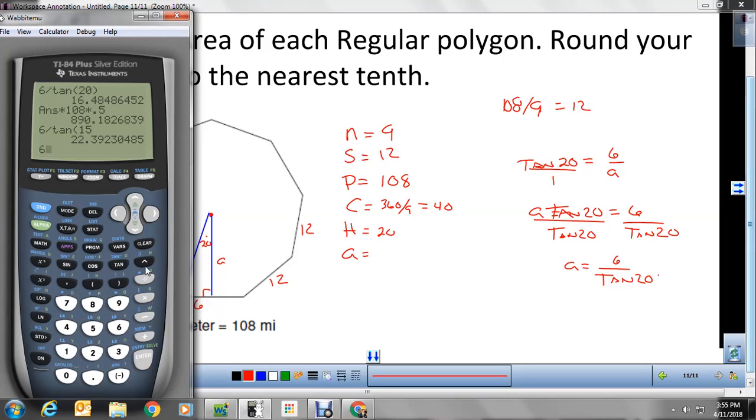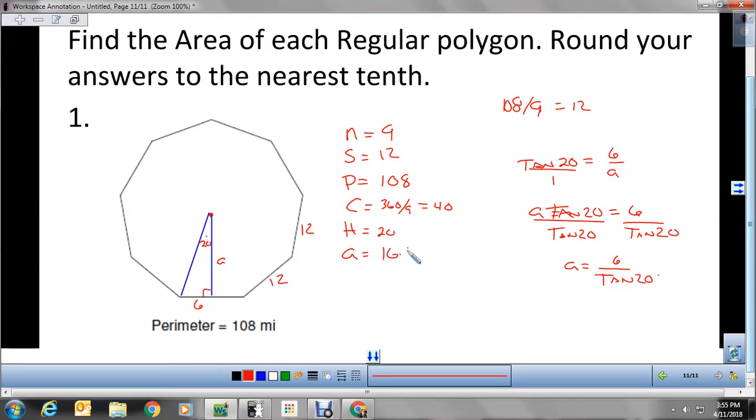So 6 divided by tangent 20. That gives us 16.4849. So now, to calculate the area, we've already got the perimeter of 108 times the decimal 16.4849, which is our apothem.